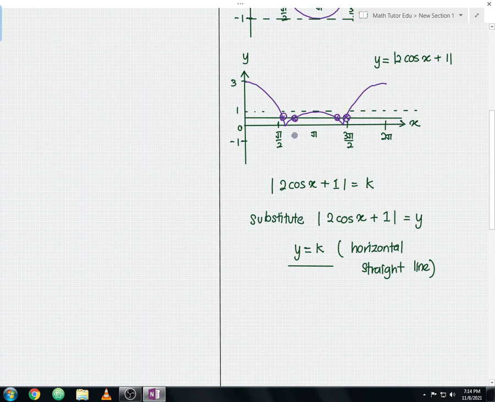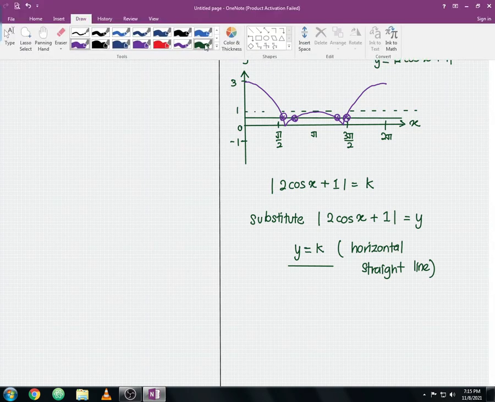As you can see, it is fulfilling the 4 solutions. You can have the 4 solutions provided that it is in the range of 0 and 1. Your k value must be more than 0 and at the same time less than 1. I hope you guys are clear about this. So this is the answer, guys.